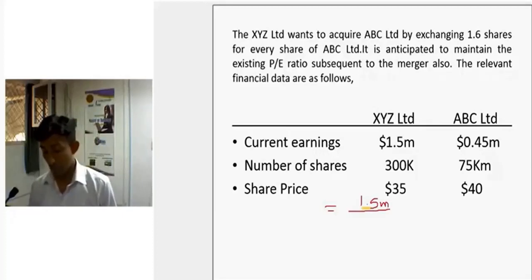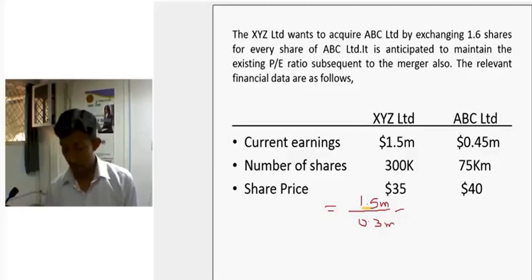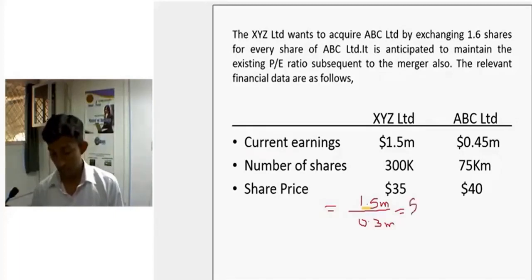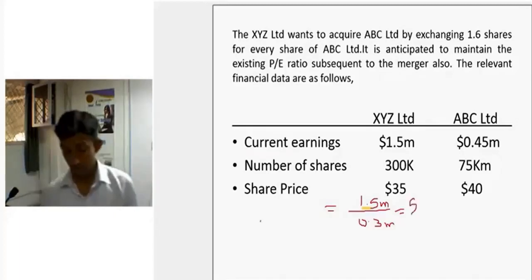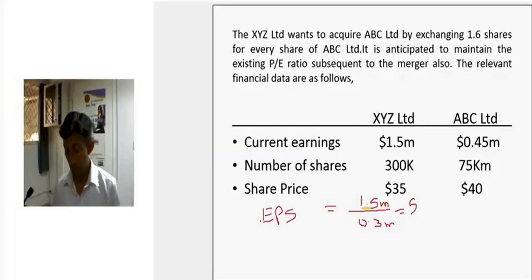So if you convert to millions, it's 0.3 million. If you resolve this, you get the earnings per share. It's going to be 5. So earnings per share, EPS, is 5 in XYZ. And what about ABC?